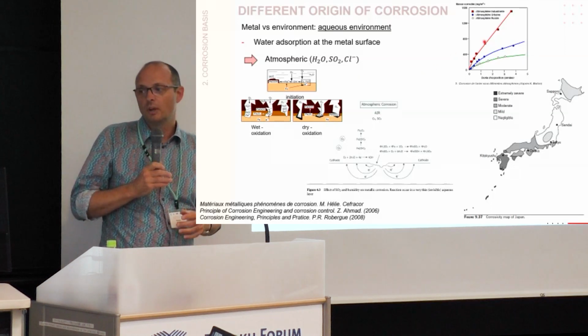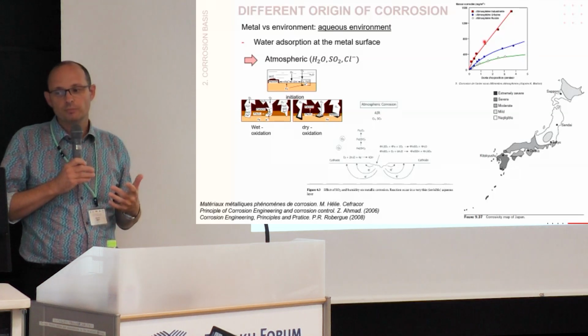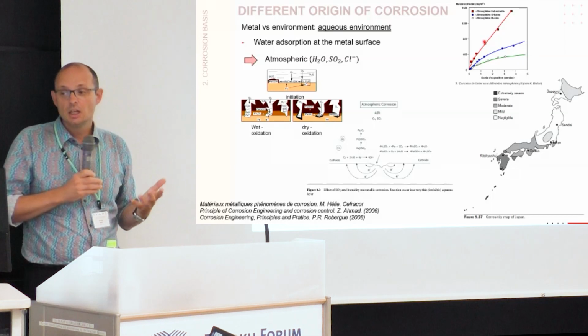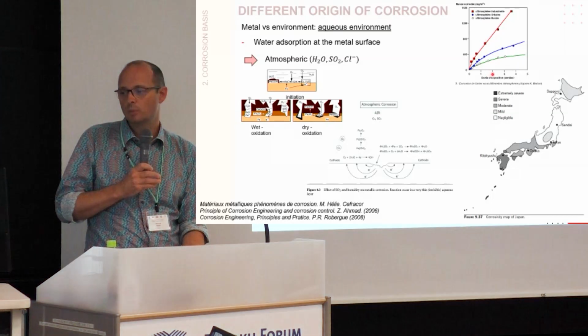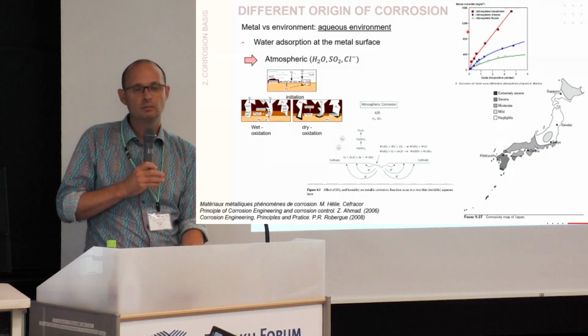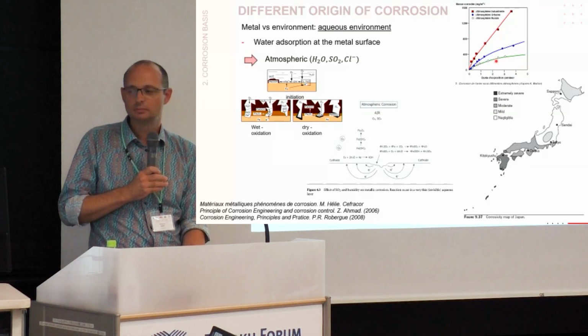Just here to illustrate that if you change the environment, you will change the corrosivity. For example, here you have the exposure time in years, and here you have the corroded weight. And here it's a countryside atmosphere.